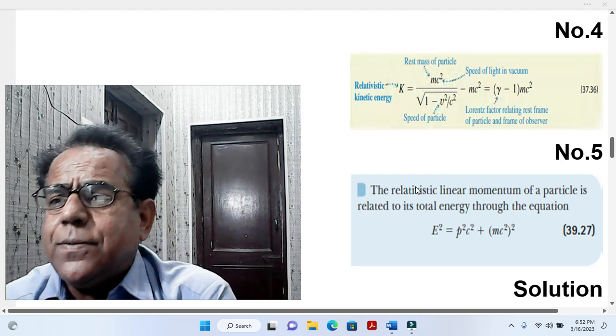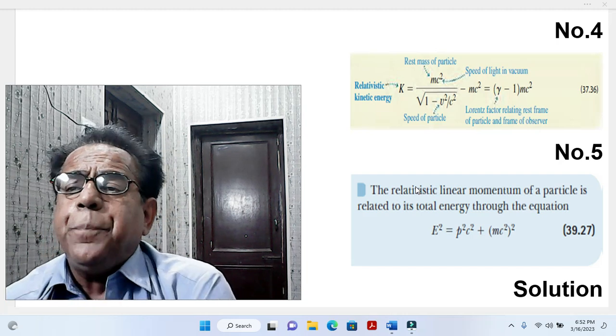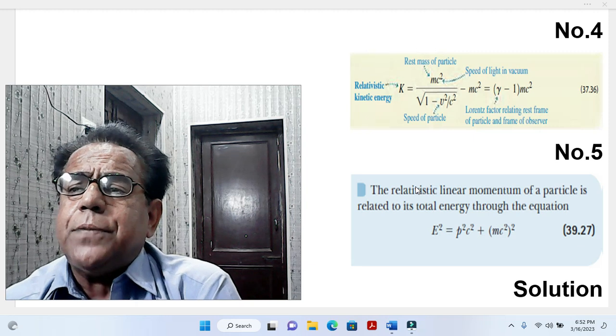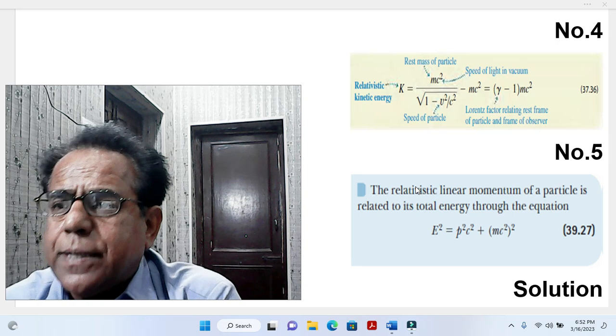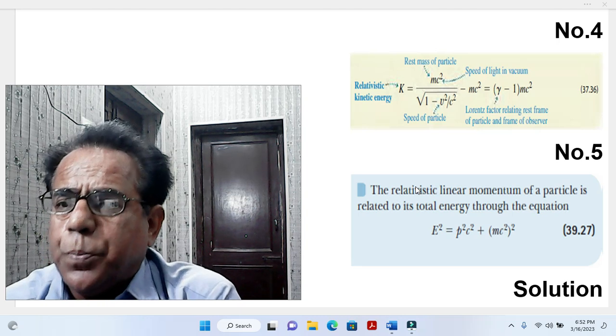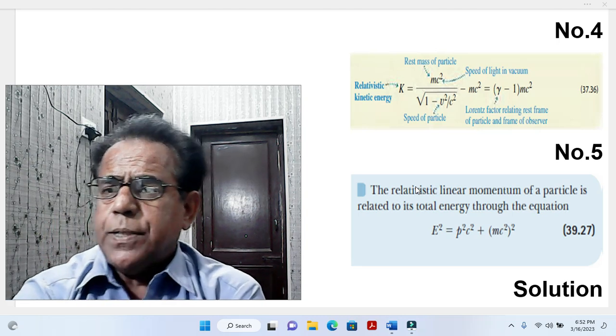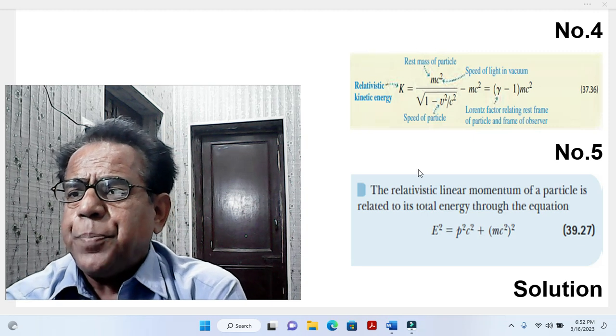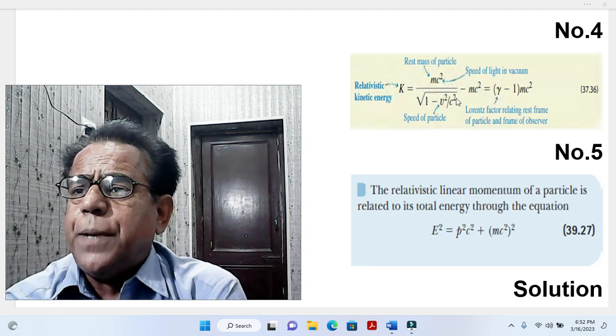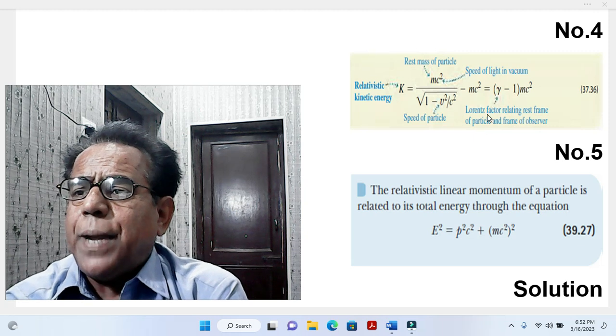That is, relativistic kinetic energy is equal to mc² over √(1 − v²/c²), where m is the rest mass of the particle, c is the speed of light in vacuum, v is the speed of the particle, minus mc².